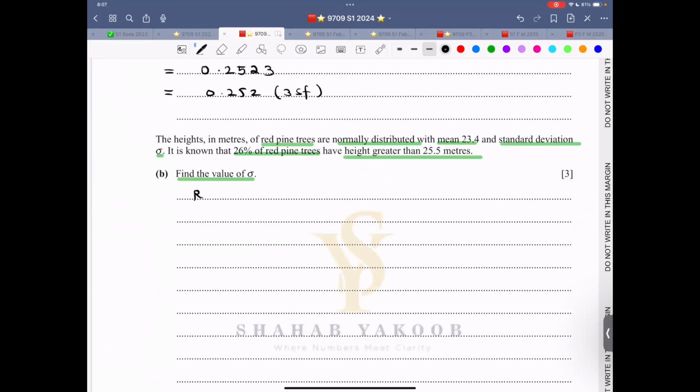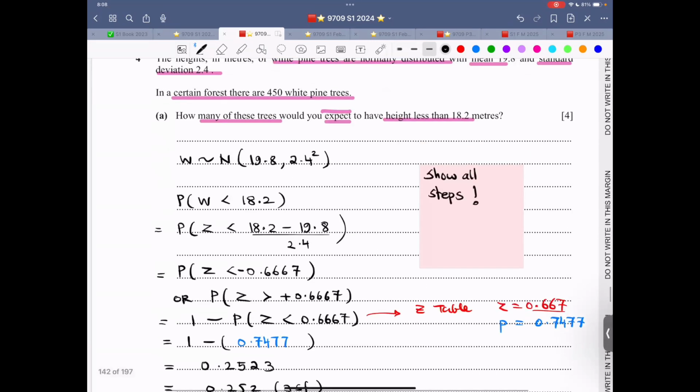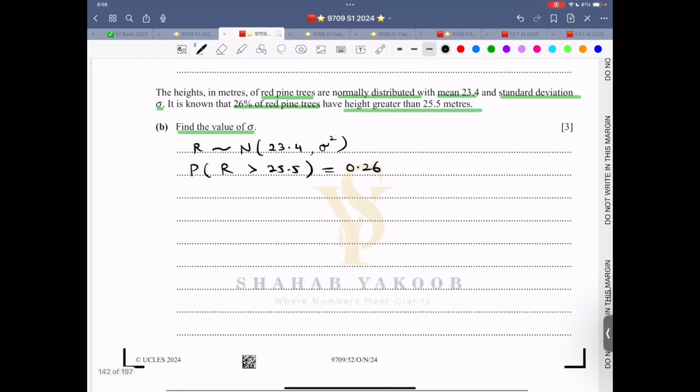Now this is the other one. Red tree follows a normal distribution, 23.4 comma sigma square. Probability x, actually no, it's not x, it's r, greater than 25.5 is 0.26. And let me just do one correction. Yes, I've written W, I'm writing R. Perfect.